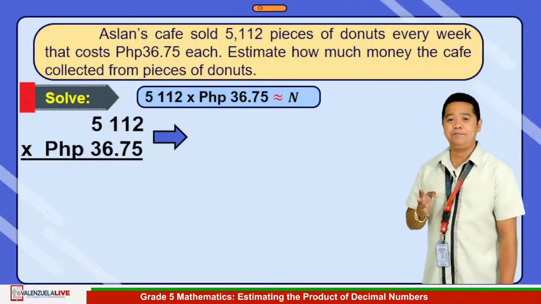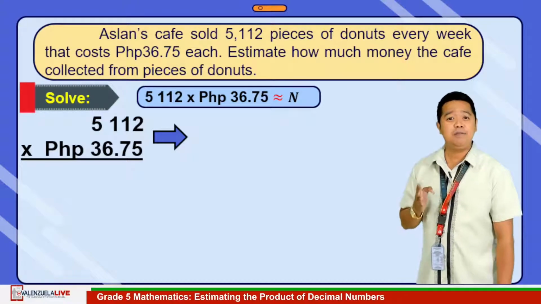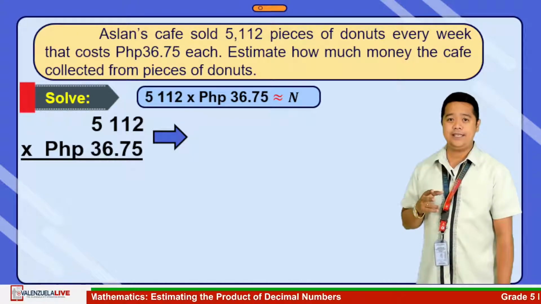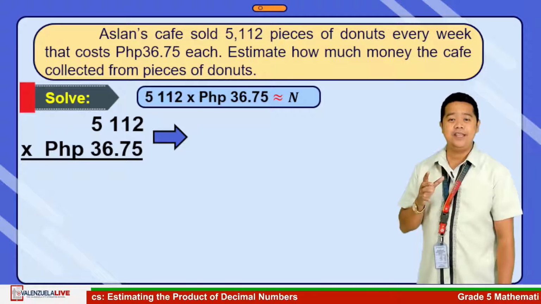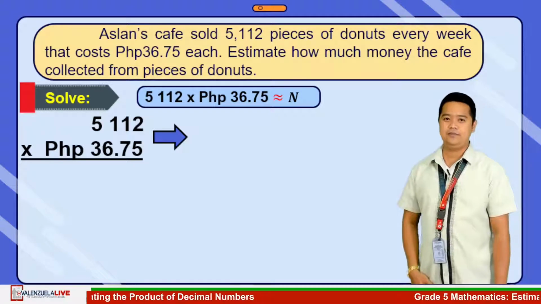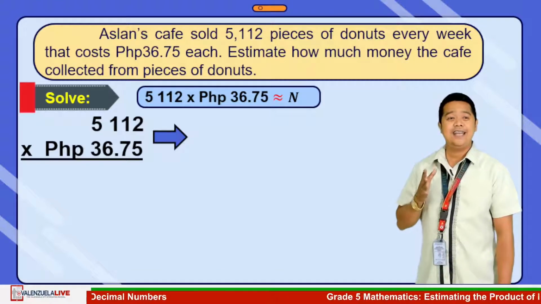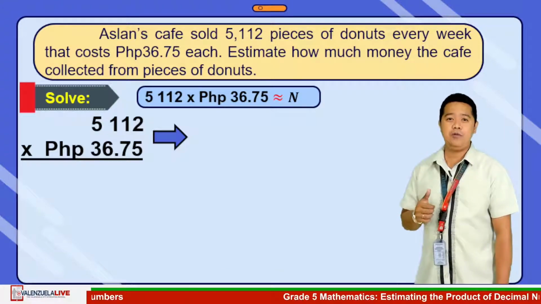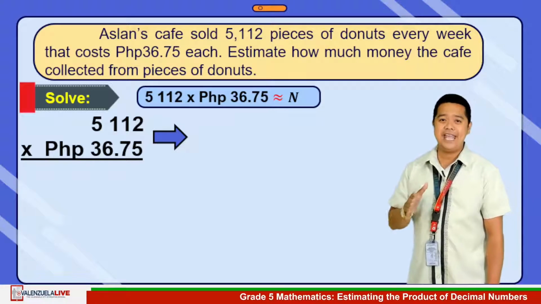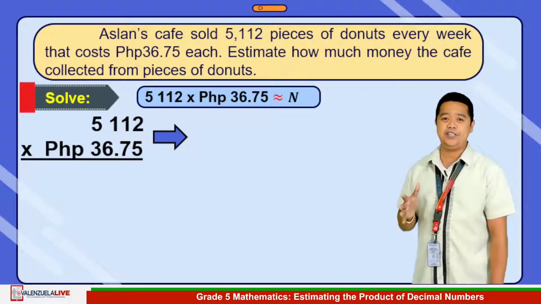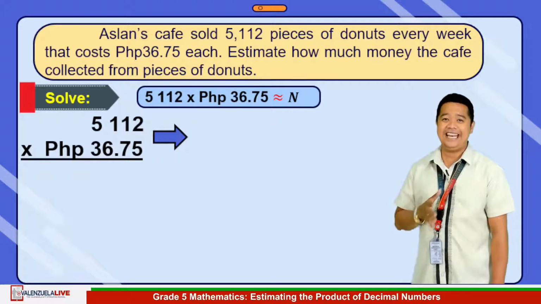And remember, if the digit after the number to be rounded off is less than 5, we will round down. And if it is 5 or greater, we will round up. Then, replace all the remaining digits by 0. Let us apply.